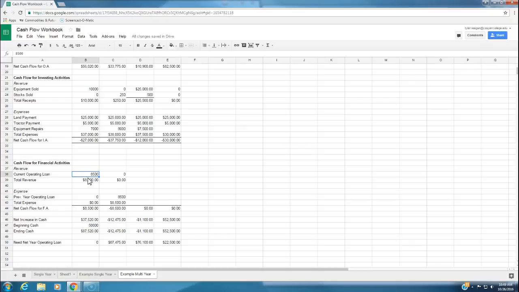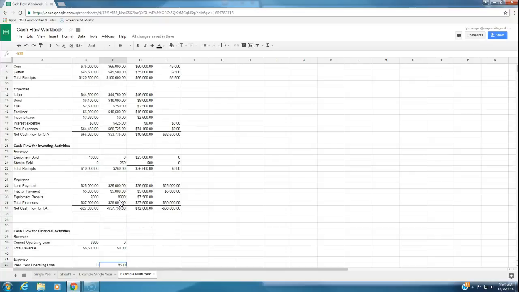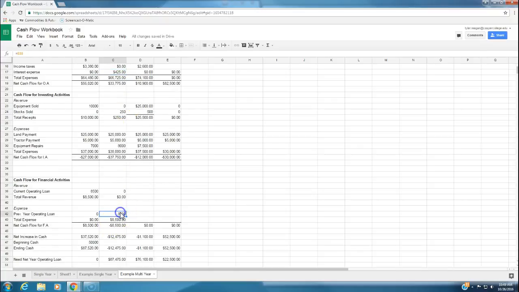You have to pay that back in 2015. So we're paying back this loan in 2015, and that's where that expense is coming in right there. And if we look up here at our interest expense, you see it was at 0. Well, it automatically fills in because it's referenced to this cell already.